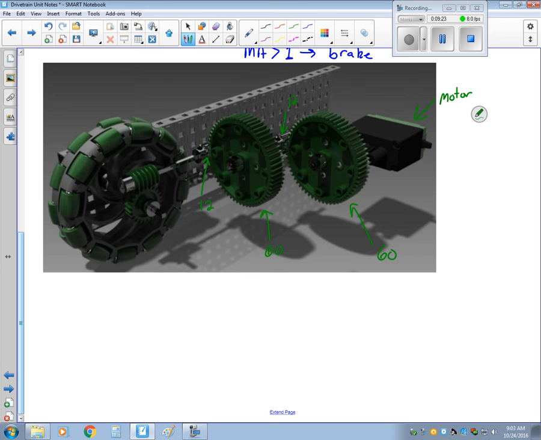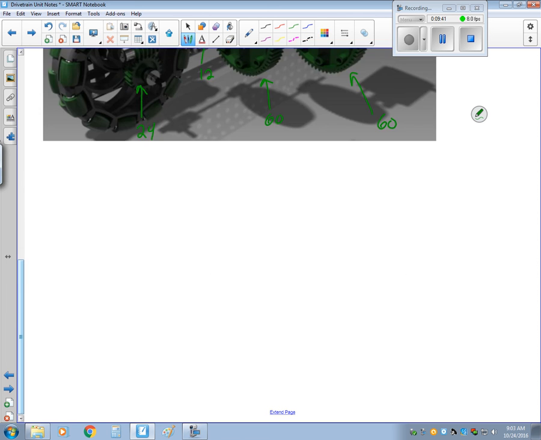That 12 is then attached to a worm gear, which has one tooth, and then the worm gear is attached to a worm wheel, and in the VEX system, the worm wheel has 24 teeth.